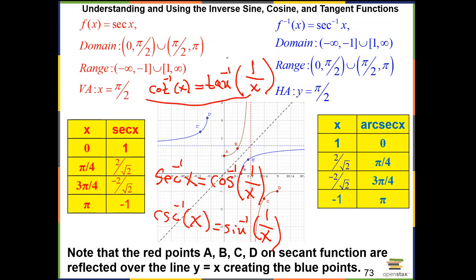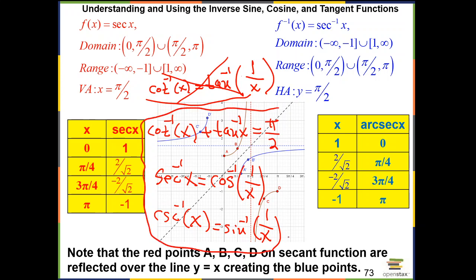So let's say we don't use it, we just use cotangent inverse of x plus tangent inverse of x equals pi over 2. So to find the three inverses that are not on the calculator, we're going to use these. For cotangent inverse, we use this. For secant inverse, we use this. For cosecant inverse, we use this. These are on the calculator, right? These three.